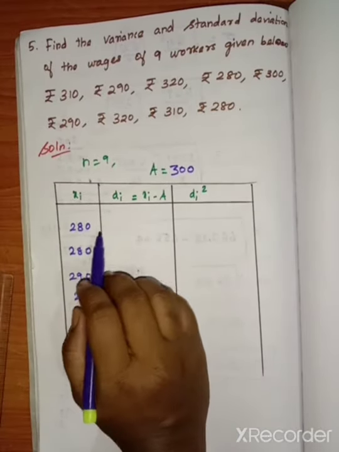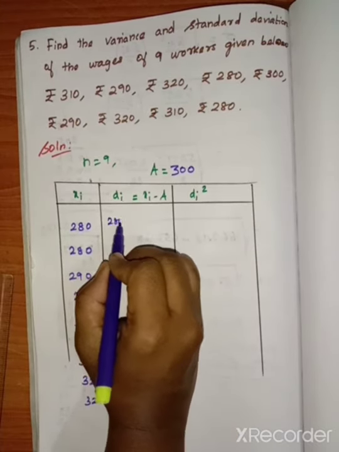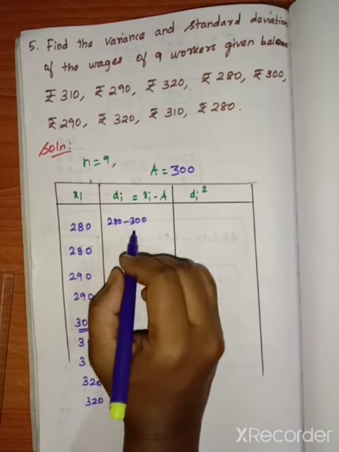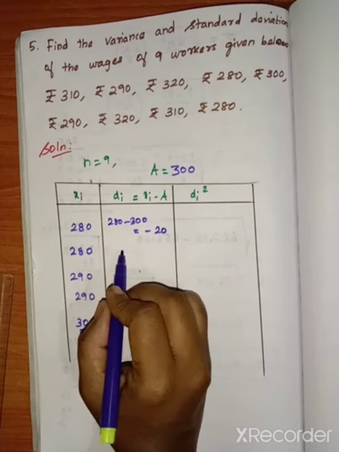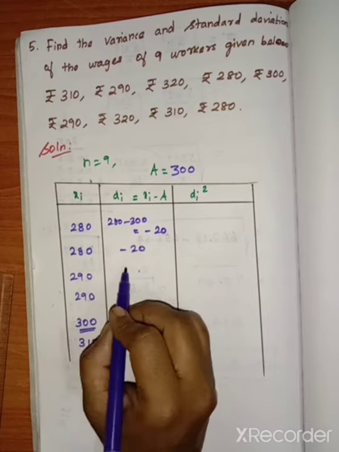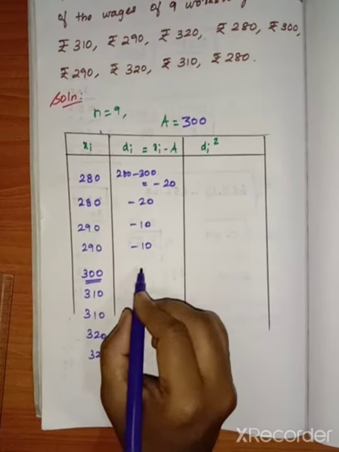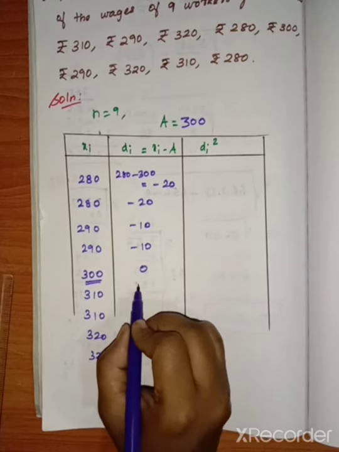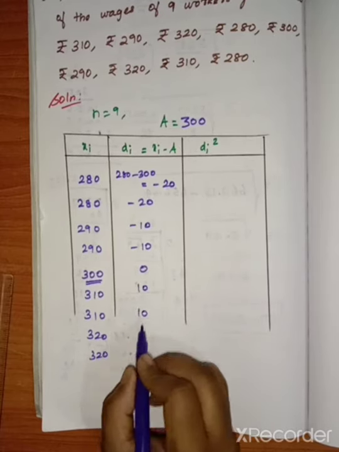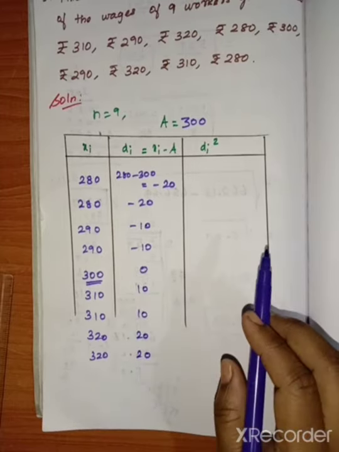Now we want to subtract. 280 minus 300 gives minus 20. Likewise here also minus 20. Then here minus 10, minus 10. 300 minus 300 is 0. 310 minus 300 is 10. Here also 10. Here 20, 20. Now we want to square the terms.